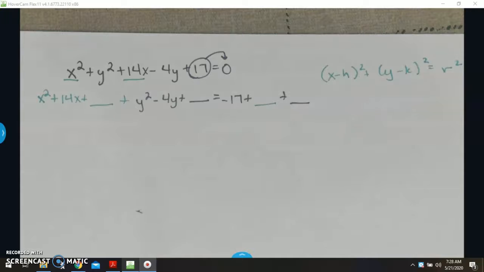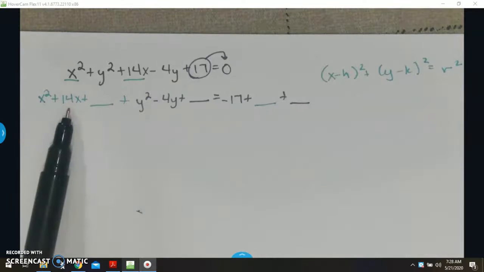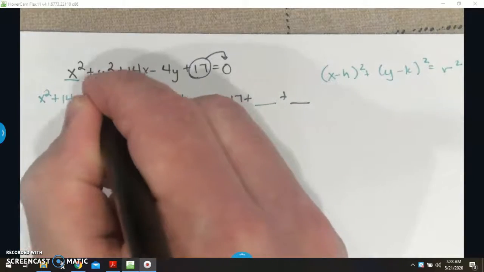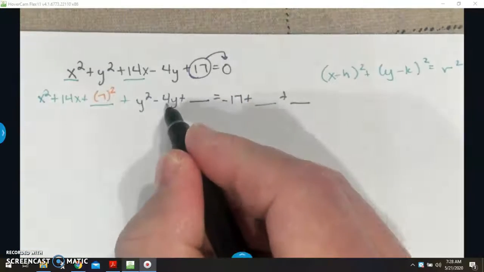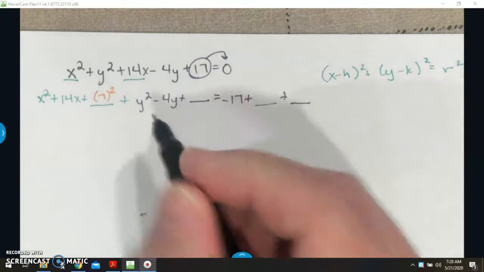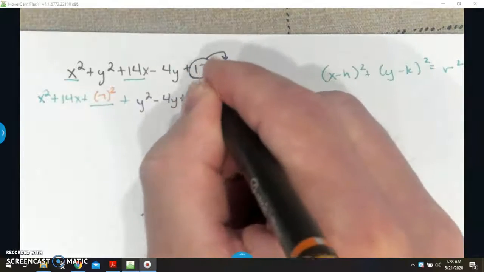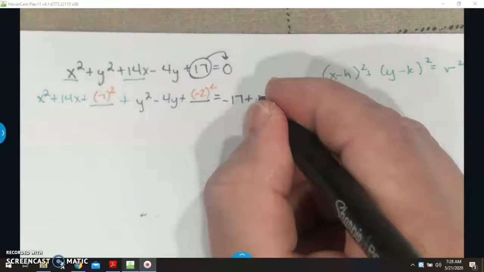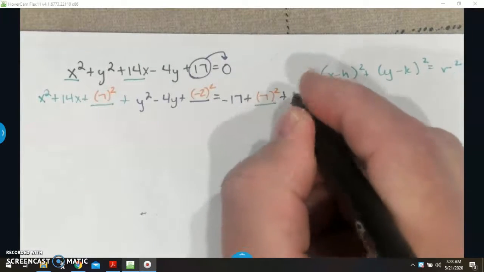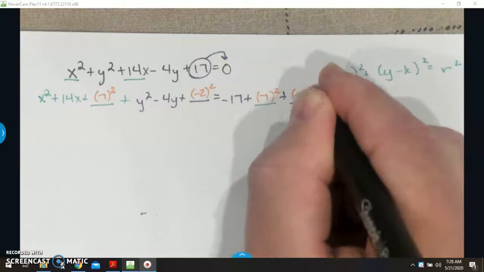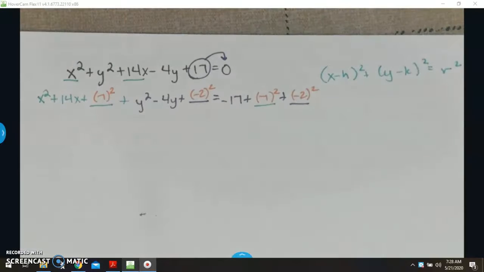Now, if you remember back to yesterday, or the last video I did, we would take half of 14, which is 7. Half of negative 4 is negative 2. I'd put those same numbers over here, because if you add to the left side, you have to add it to the right side.